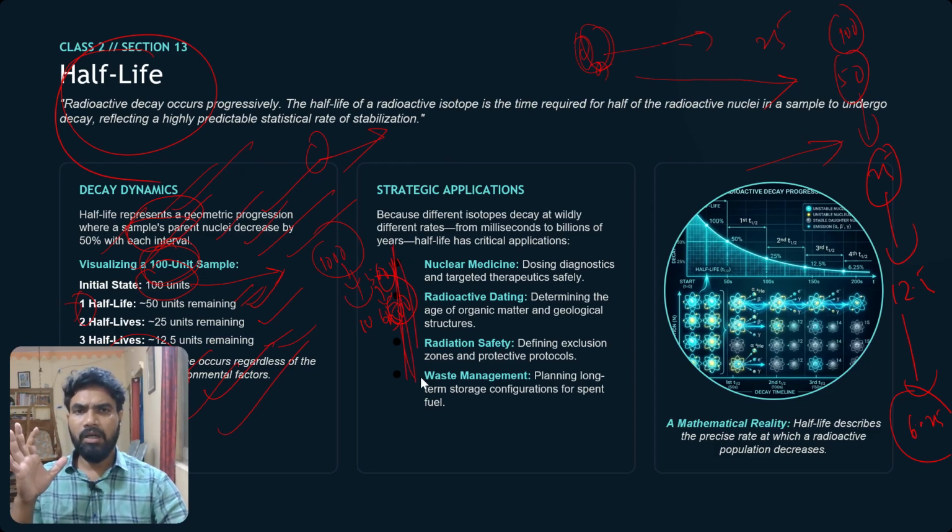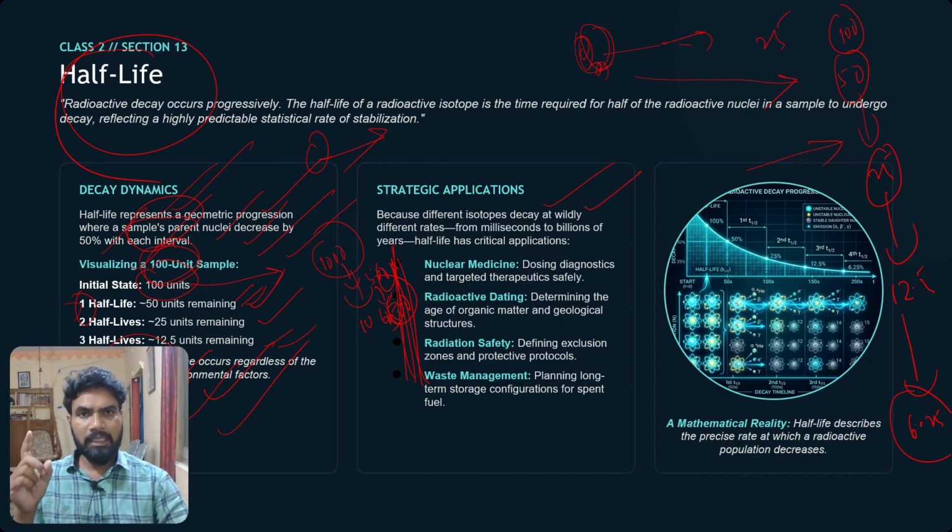So where is the principle of half-life useful? Different isotopes decay at widely different rates. Isotopes belong to the same element, but because their atomic mass number is different, they have different decay periods.